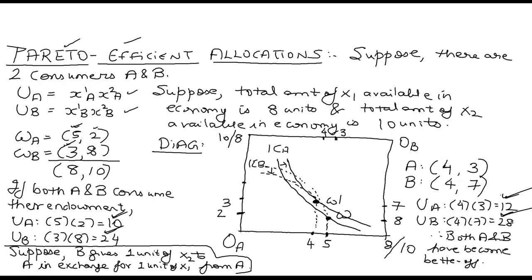So that is our next question. They will stop trading with each other when both the ICs will exactly become tangent to each other. You can see A's ICs are going up, B's ICs are going down. A's ICs are going towards this region, B's ICs are going in this region. They'll stop when both the ICs will become tangent to each other.